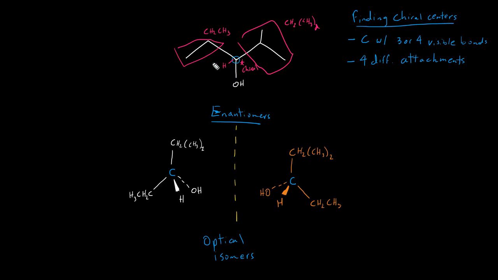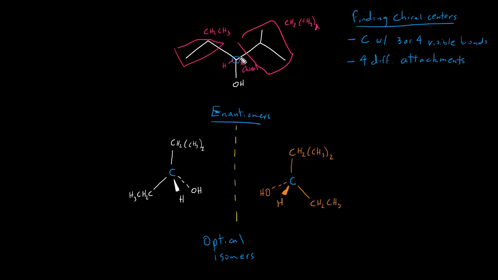First of all, find your chiral center in the molecule. You're looking for a carbon with either 3 or 4 visible bonds, like this one, and then you're making sure that there are 4 different attachments on it. This one has 3 visible bonds, which means one of the attachments is hydrogen.